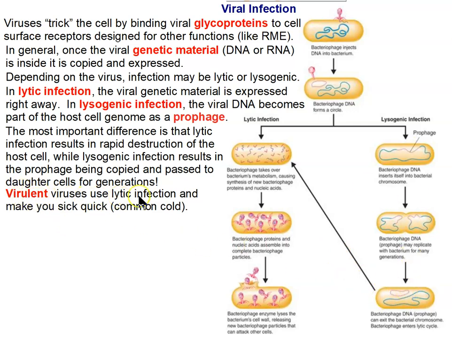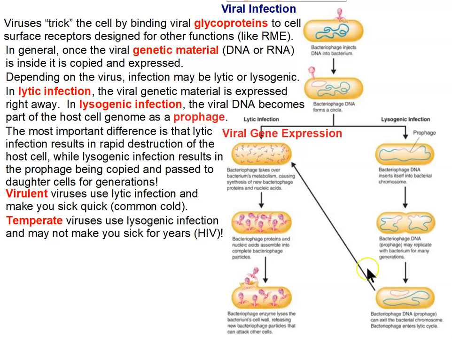So virulent viruses use lytic infection and make you sick quick. A human example would be the common cold. If you catch a cold virus, you're going to be sick within a week or two. In lysogenic infection, temperate viruses use lysogenic infection.